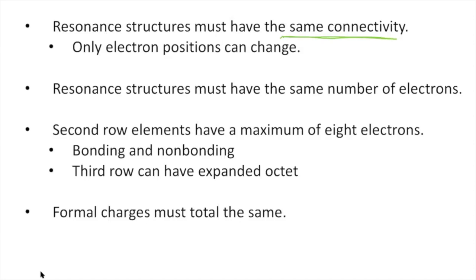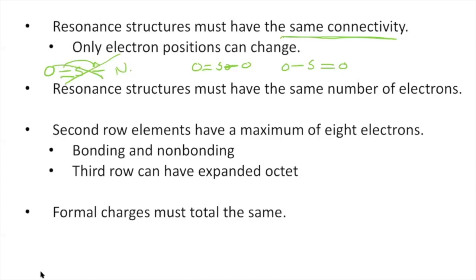For example, when we did this, notice I'm switching it from sulfur to oxygen to the same oxygen. If I had something like this, we cannot switch it, because if I switch this double bond, now it will be sulfur to nitrogen. So it's not the same connectivity, and therefore resonance does not exist.